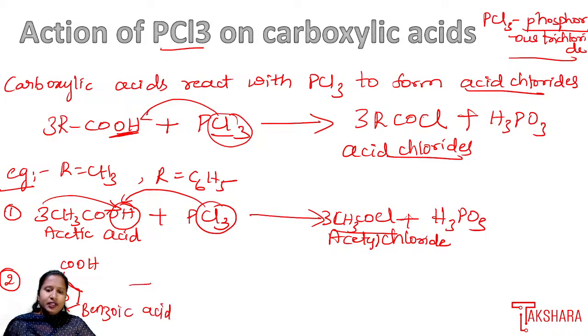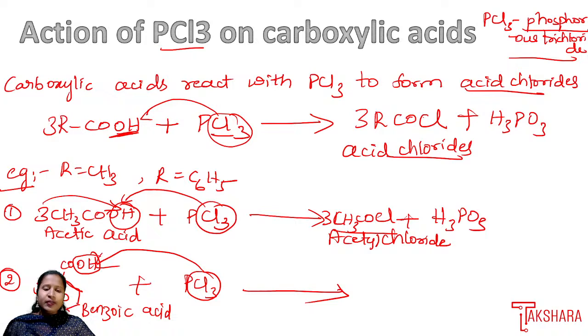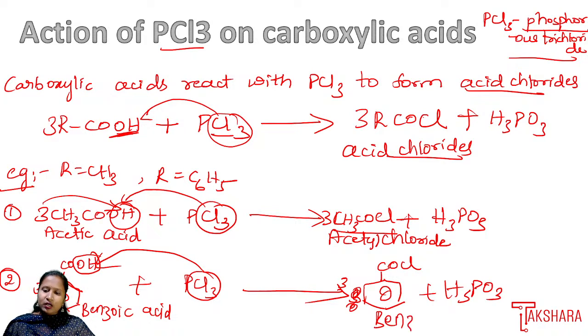Benzoic acid when it is treated with PCl3, again 3 moles of benzoic acid, the OH group is going to be replaced with Cl, and we will get 3 moles of C6H5COCl plus H3PO3. This is benzoyl chloride. Benzoyl chloride we get as the product.